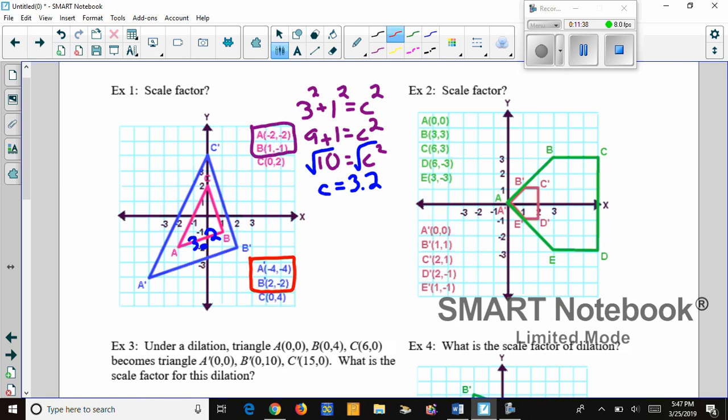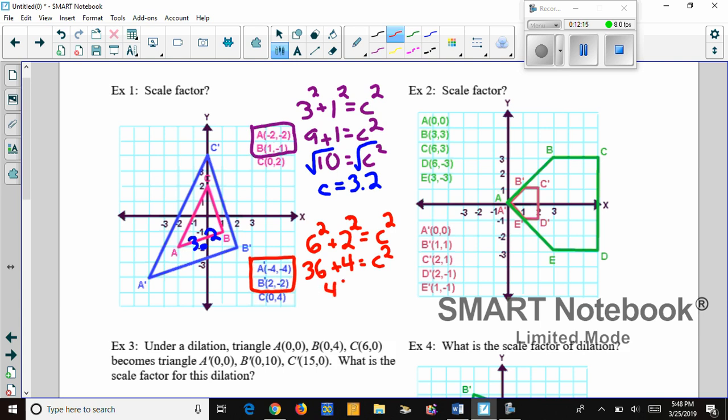What I want to now find is from A prime to B prime. From -4 to 2, that is a distance of 6. From -4 to -2, that's a distance of 2. Now, we might start to see, maybe this is telling us we have a scale factor of 2. Just to be certain, let's see what we can come up with. 6 squared is 36 plus 4 equals c squared.